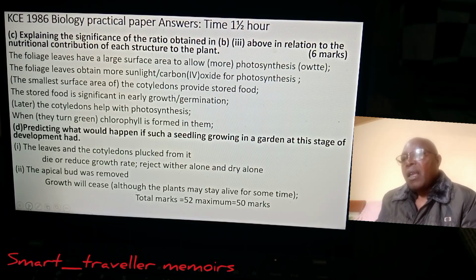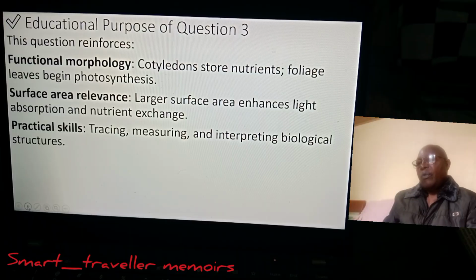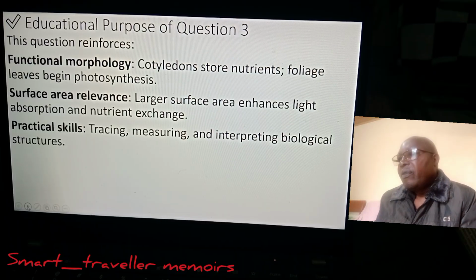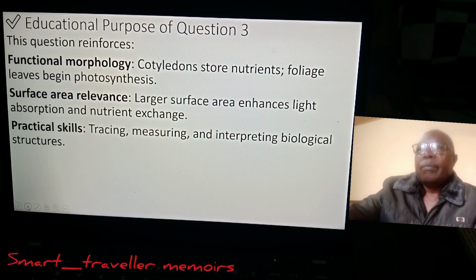All right? Roman 2, when the apical bud was removed, growth will cease, although the plant may stay alive for some time. And the total marks is 52, maximum 50 marks for this examination paper.